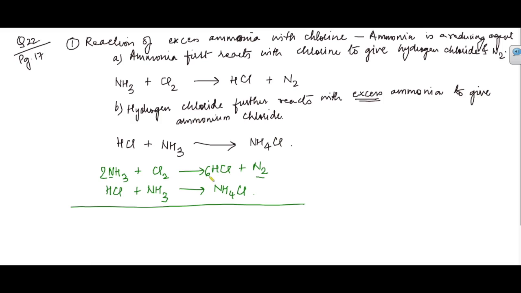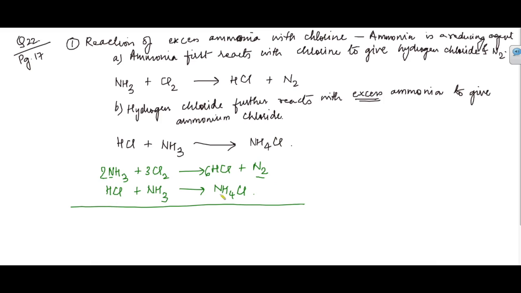Because I wrote a 6 here, the number of chlorine atoms has also increased to 6. On the left hand side, chlorine atoms are only 2 in number, so I will balance this by writing a 3 in front of chlorine. Now if you look at the equation, it seems to be balanced. Let's look at the second equation. Is that balanced?